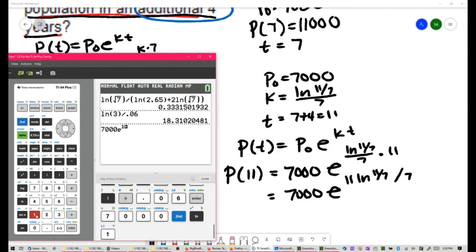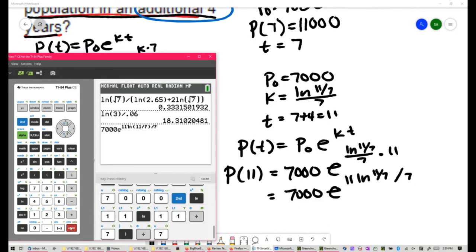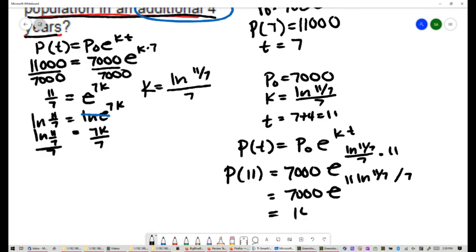So we get that that population has now grown to 14,242.